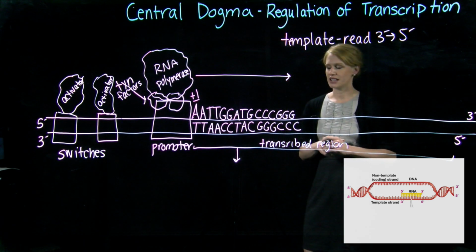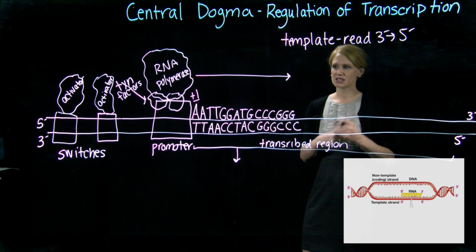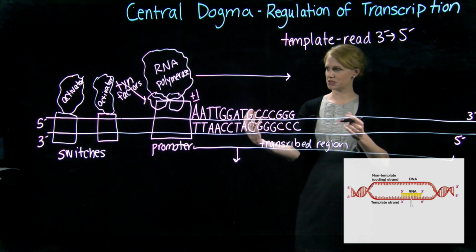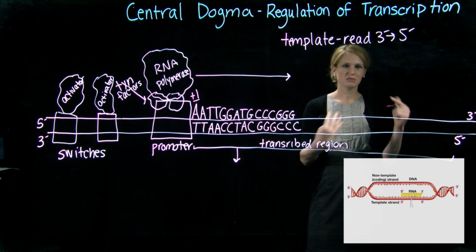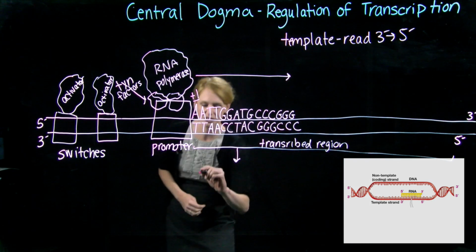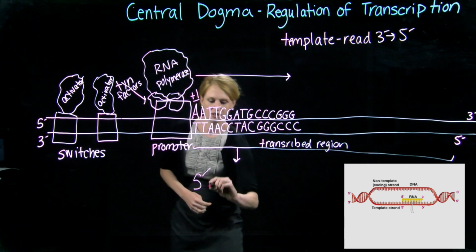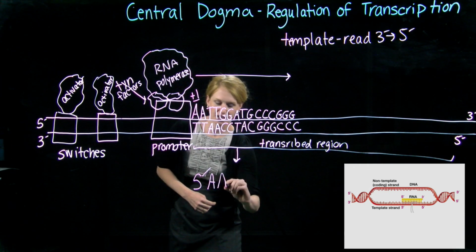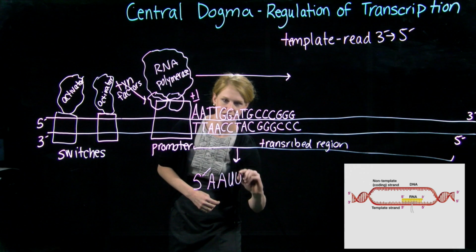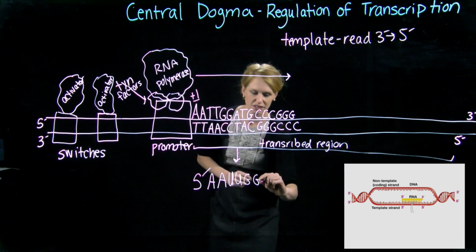And the RNA that's transcribed is going to be complementary to the template strand. It's also going to be anti-parallel. So the template strand being read 3' to 5' means we're going to make RNA molecules in the 5' to 3' direction. So let's go ahead and do that. I'm making an RNA that is complementary to the bottom strand here, the template strand.